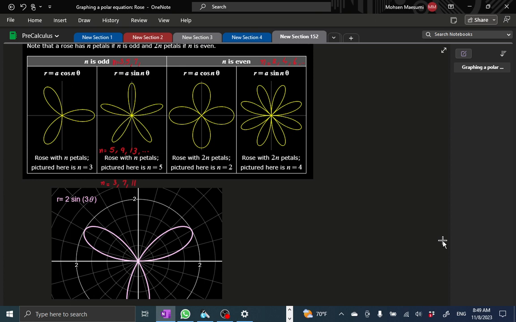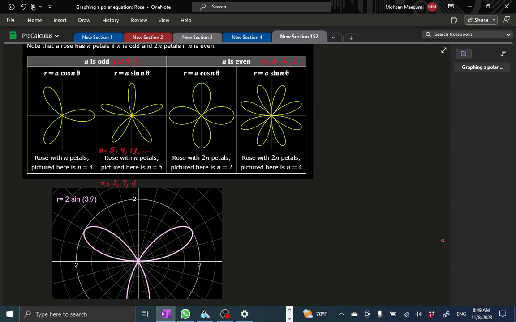These are things that we can use to help us quickly identify a picture. Of course, to understand it, we have to draw it carefully by hand on graph paper and get some practice with it.